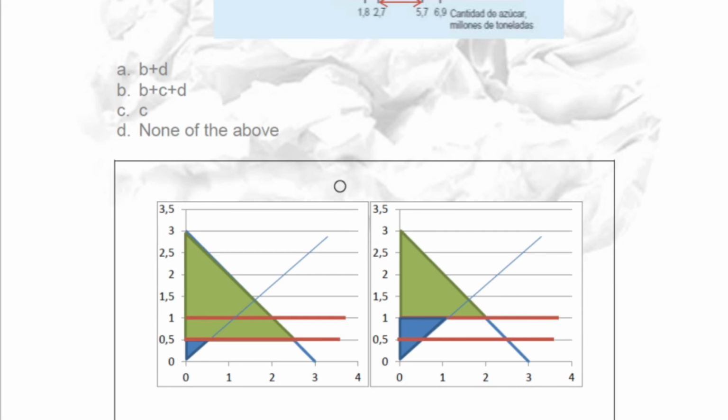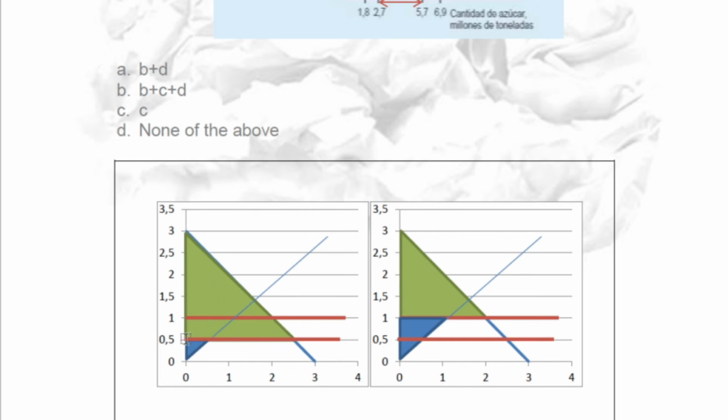I made these graphs for you. With free trade, at a price of 0.5, this is the producer surplus, the blue triangle. The consumer surplus is the big green triangle.